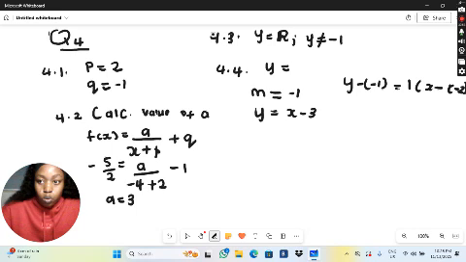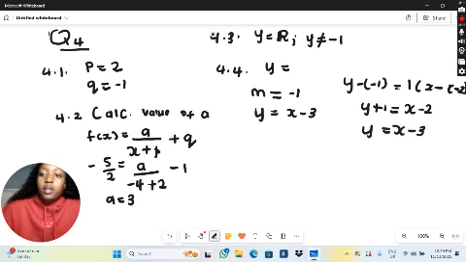Okay, then y plus 1 is equal to negative x minus 2. And then when you transpose this to the other side, we're going to have x minus 3, when it goes that side, it becomes negative.